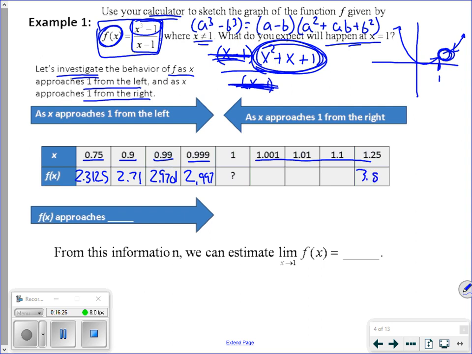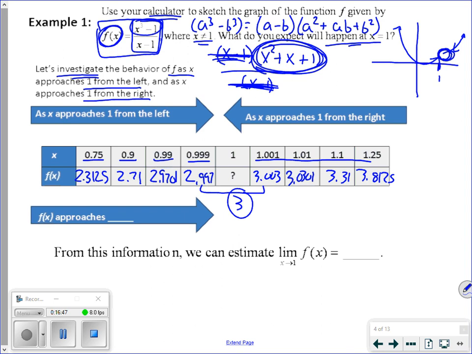Same way backwards here. 3.8125, 3.31, 3.0301, 3.003. You notice that it's going from a high 3 all the way down to a low 3. You notice that these are getting closer and closer to the value 3.